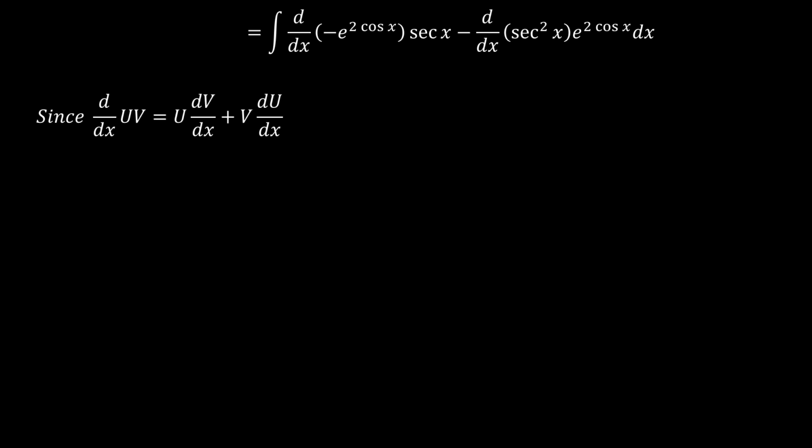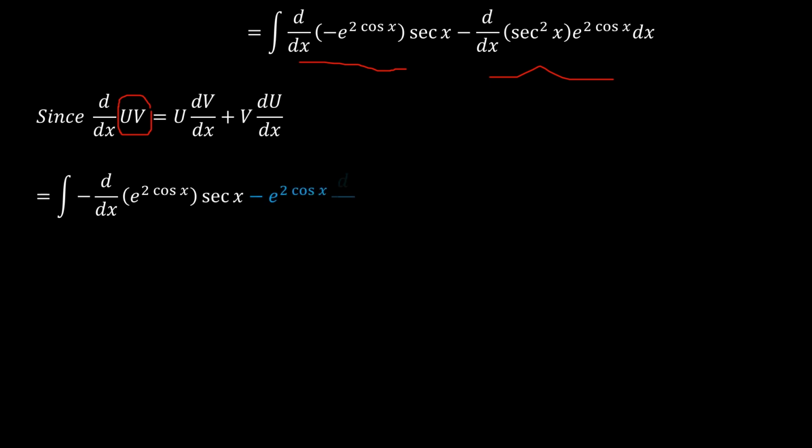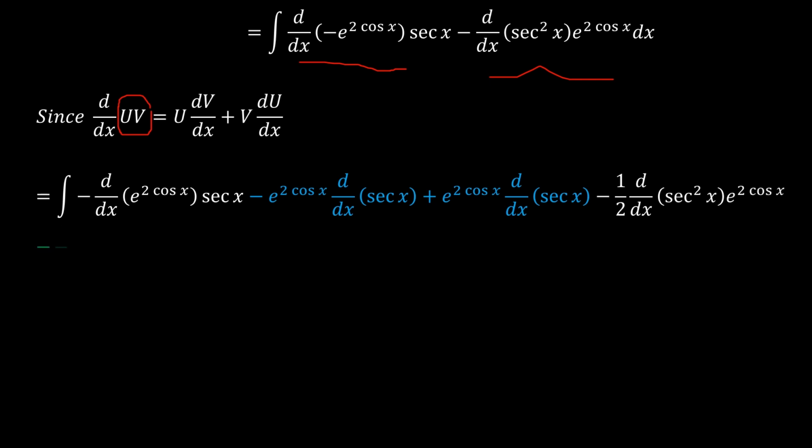All right, so we can create a scenario whereby this expression and this expression come to be represented as uv. So what I've done here is, since we have the derivative of negative e to the power 2 cosine x, this is the same as negative the derivative of e to the power 2 cosine x, and then we don't have the derivative of sec x, so we can create a phantom or an imaginary scenario where we have the product of e to the power 2 cosine x and the derivative of sec x.